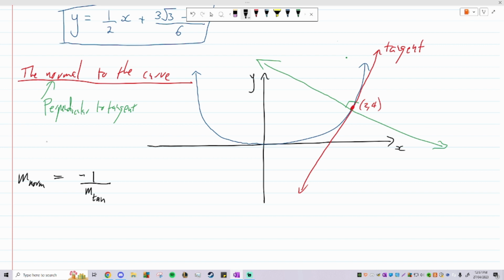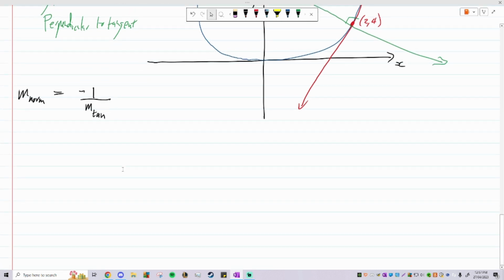So the gradient of the normal is equal to -1 over the gradient of the tangent. You don't actually do anything crazy here. You simply find the gradient of the tangent, and then you just do -1 over that to find the gradient of the normal.